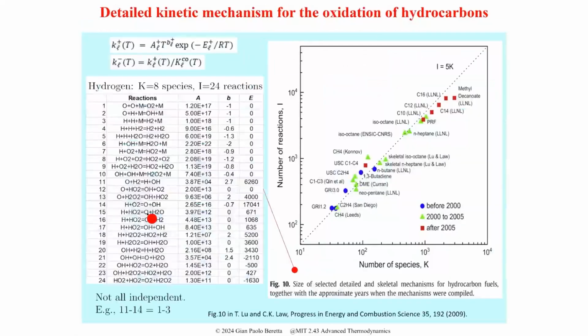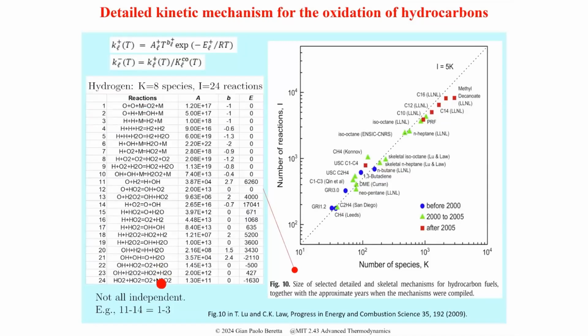Now, in practice, we have seen, like in this example that we've discussed a few times, hydrogen, the detailed kinetic mechanism contains a lot of chemical reactions. And you need them in order to describe the dynamics. However, you may notice that these reactions are not all independent of one another.